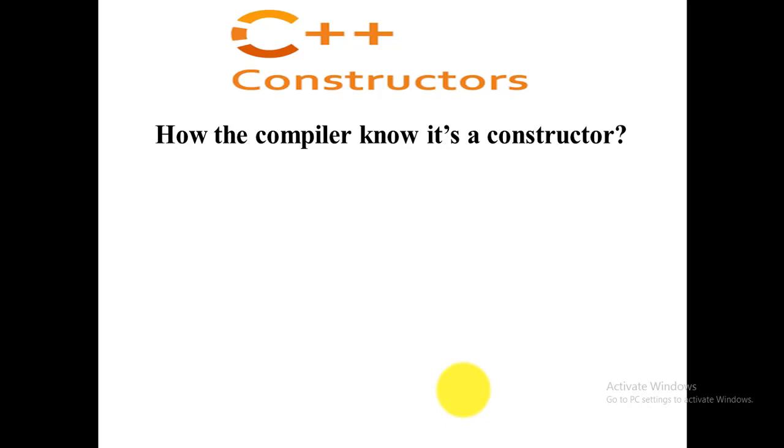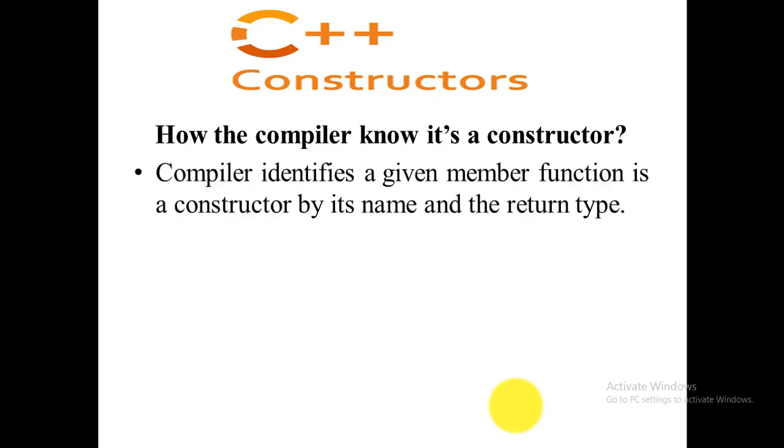So how does the compiler know it's a constructor? Because there are multiple functions in a class. So what makes the constructor unique and special so that the compiler knows it's a constructor? The compiler identifies that a given member function is a constructor by its name and its return type.